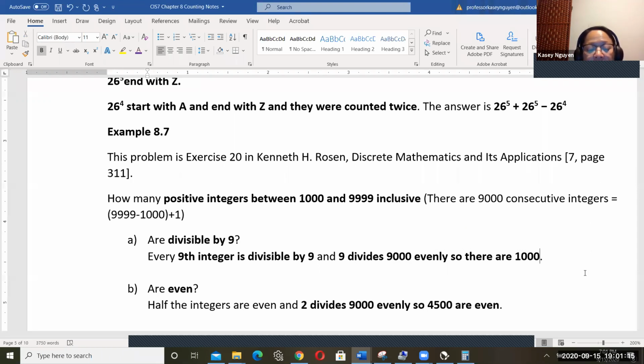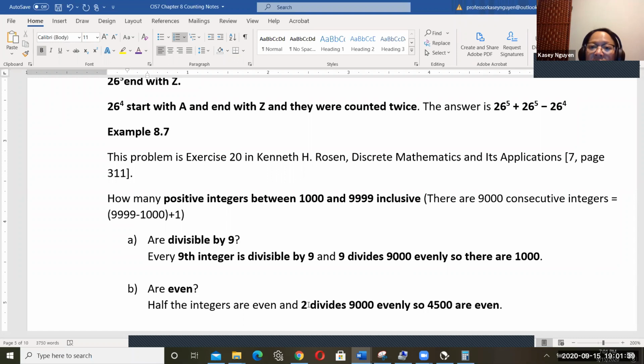For B, 8.7, it says, how many are even? So we started with 9,000 from the first part here. And to determine how many are even, we know that half of the integers are even and the other half is not.